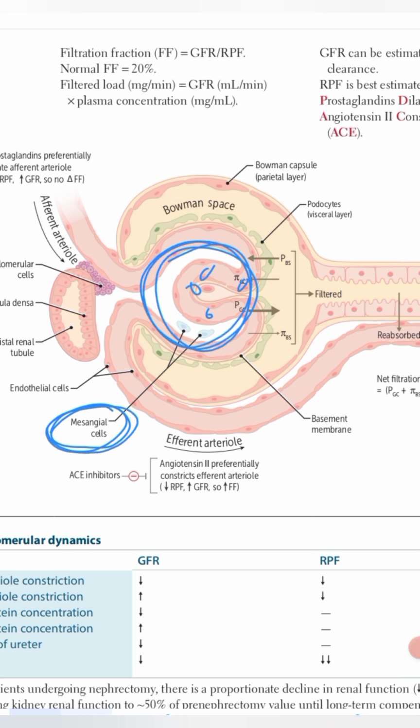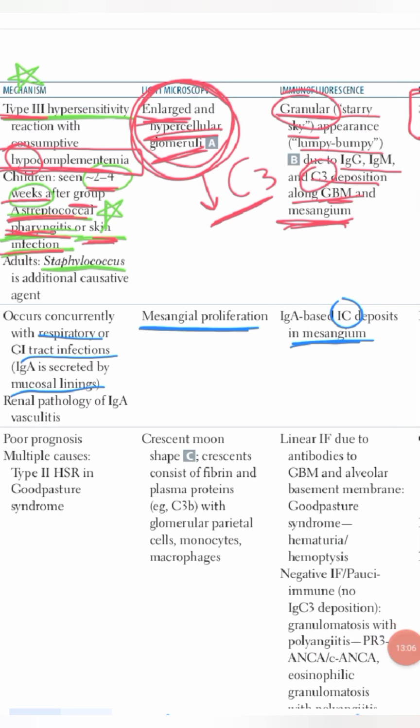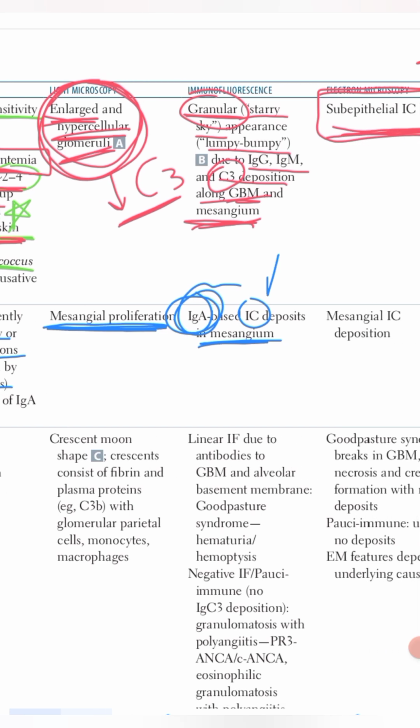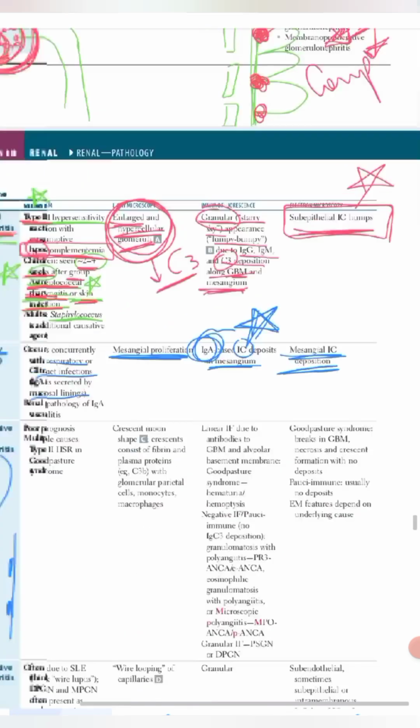IgA will come and deposit in the mesangium, and there will also be some damage to mesangial cells and the mesangium, and eventually it will cause mesangial proliferation. So on light microscopy, we will see mesangial proliferation. On immunofluorescence, there will be IgA-based immune complex deposition in the mesangium, which is specific to IgA nephropathy. And in electron microscopy, there will be mesangial immune complex deposition.